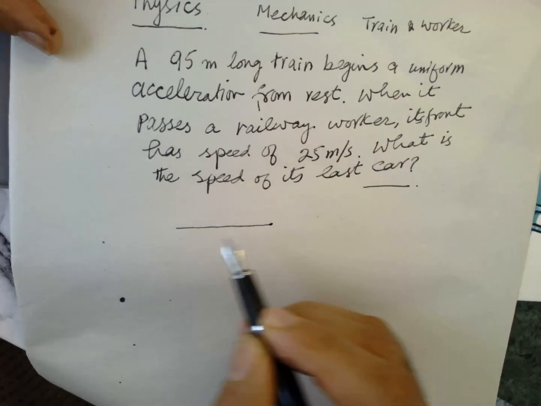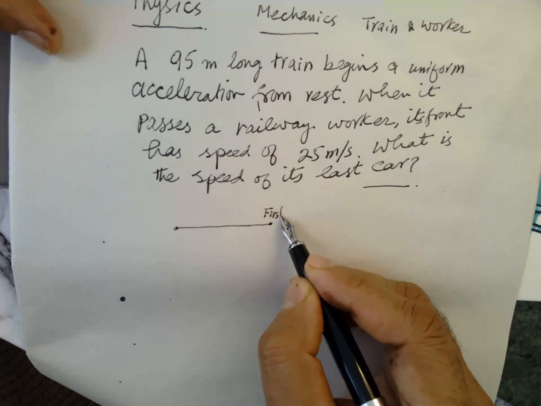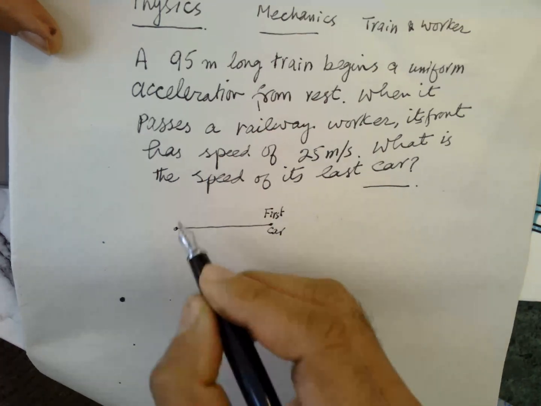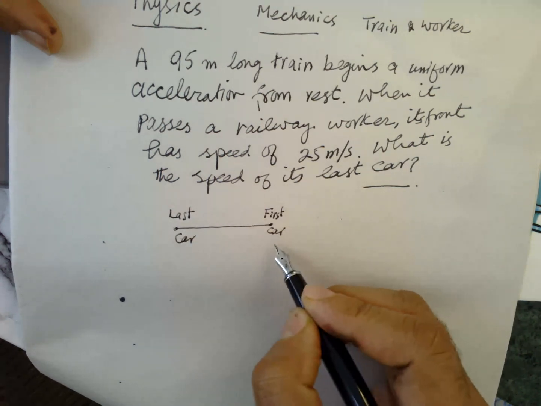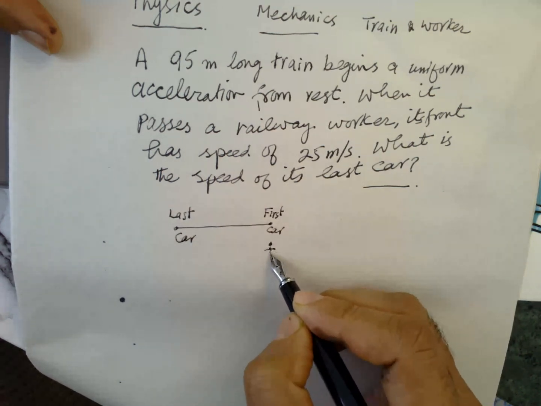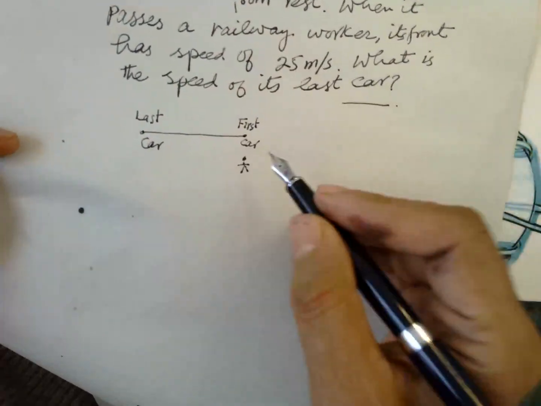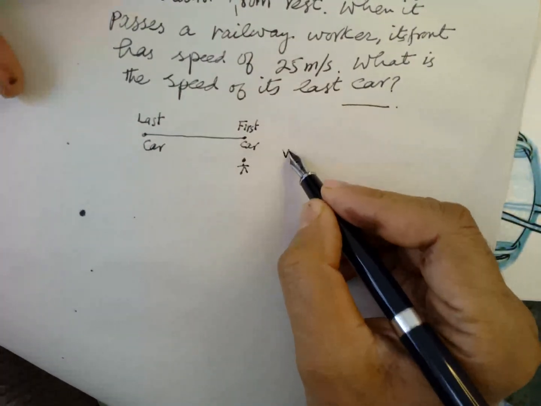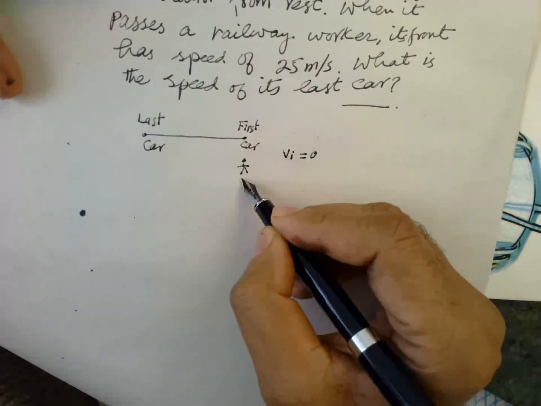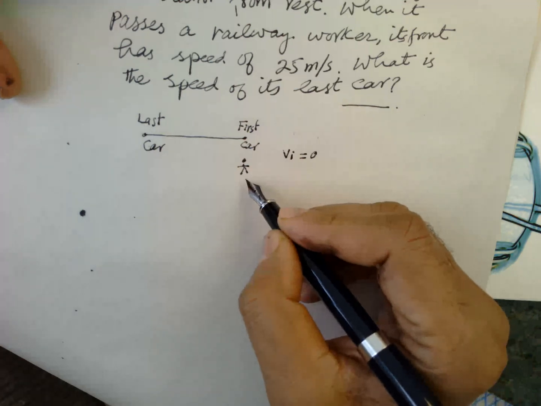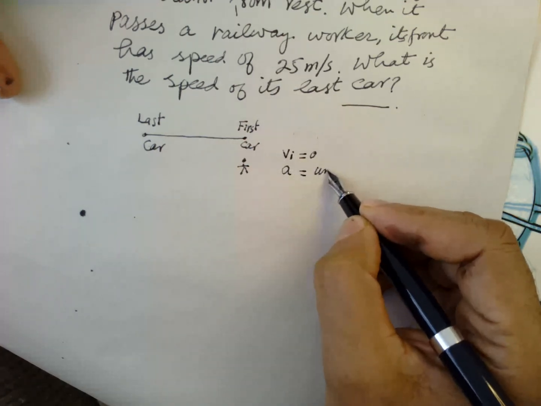So this is a train. This is the first car, and this is the last car. And here is the person, and its initial velocity Vi is equal to 0, and its acceleration is uniform.